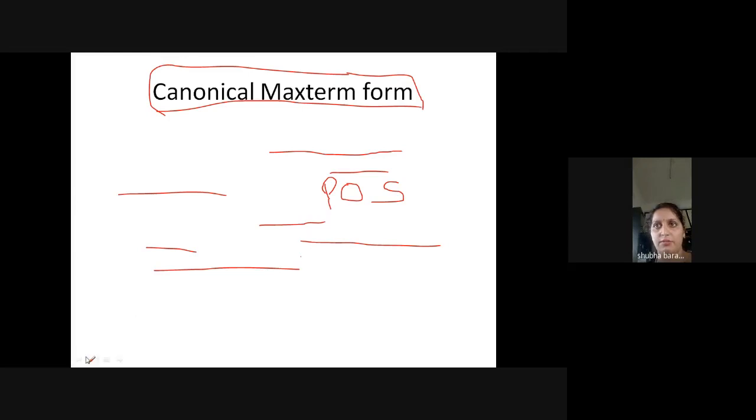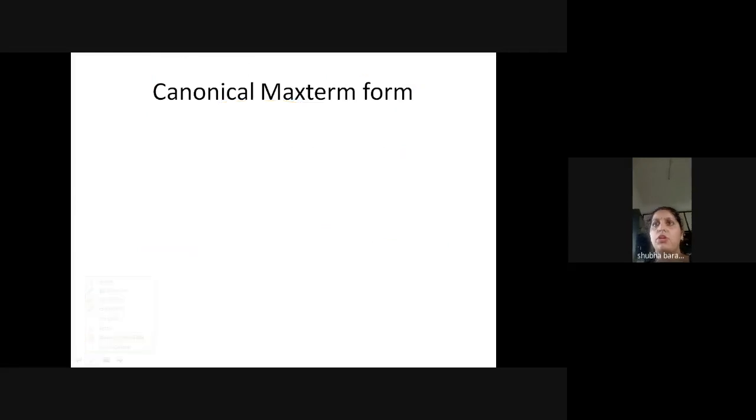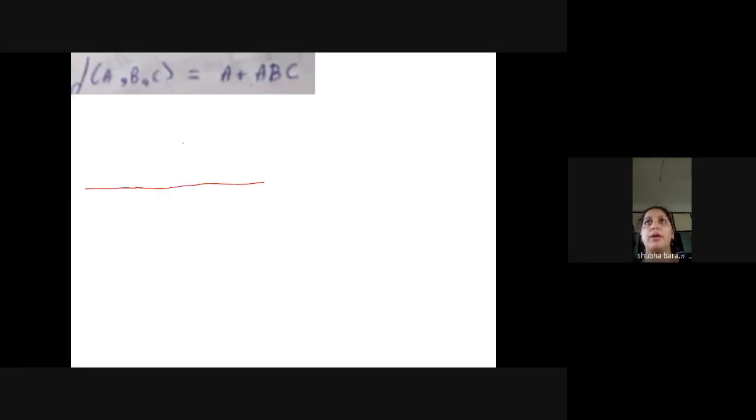Okay. See, what we do here is, in your min terms, what we did in the last class, up till today, 0 we used to write in the complemented form. Correct? 0 was written as a bar.